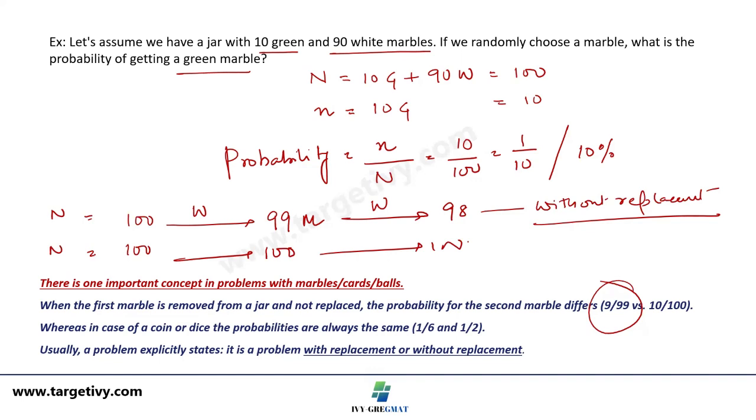So let's quickly see the concept here. Whereas in the case of a coin or a dice, the probabilities are always the same, because it's 1 by 6 or 1 by 2, as there is nothing like a replacement. The numbers remain static from 1 to 6, or head or tail. Usually, a problem will explicitly state whether it is with replacement or without replacement.